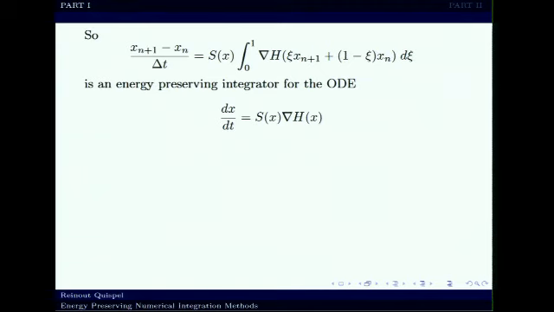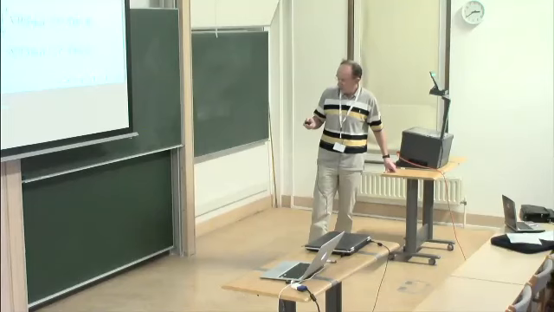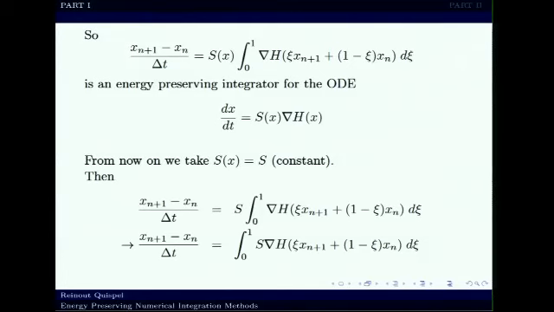So that includes the so-called canonical Hamiltonian structure. So if that is the case, this S no longer depends on x, so I can put it in here, but I could always put it in here. But the point is that then S times this discrete gradient is equal to the right-hand side over here.